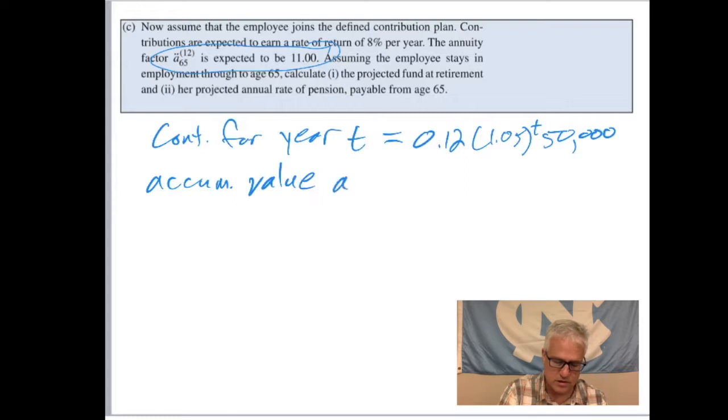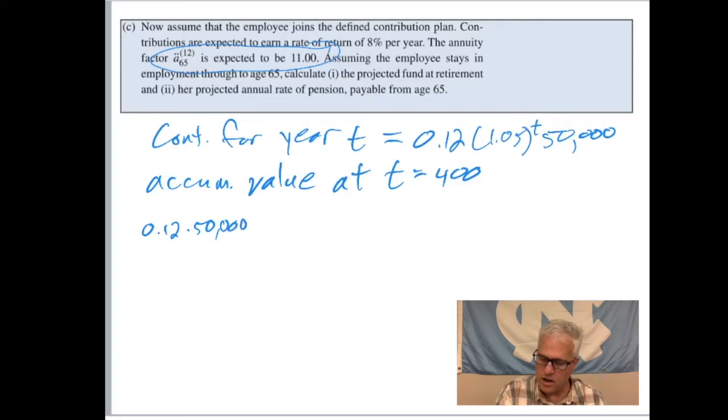with interest at age 40 is going to look like this. That first year's contribution, 0.12 times 50,000, is going to accumulate for 39 and a half years. She's contributing salary throughout the year, so to simplify our calculations, we'll assume the entire 12% is deposited mid-year.